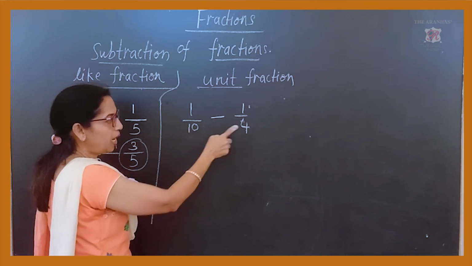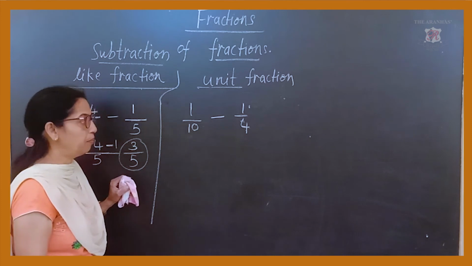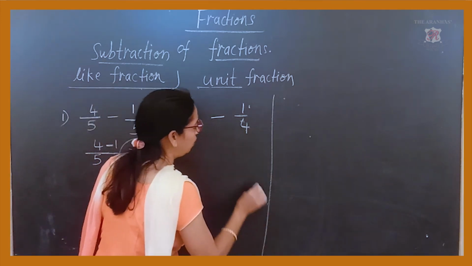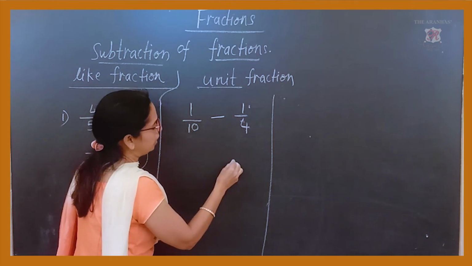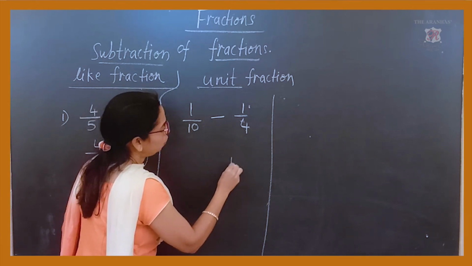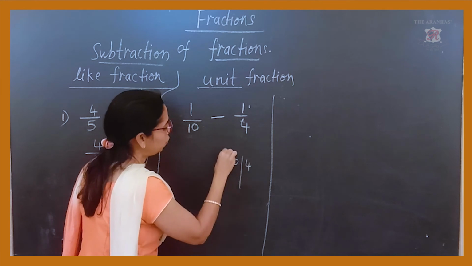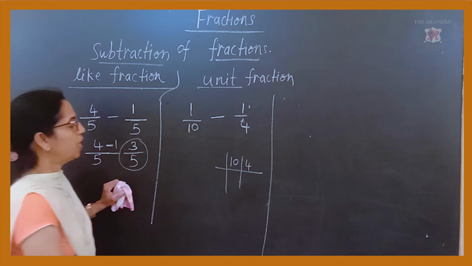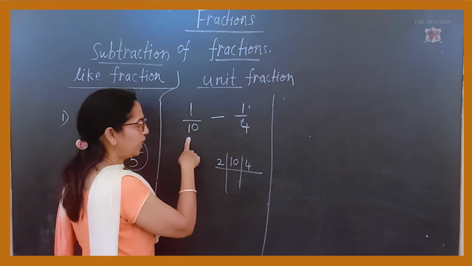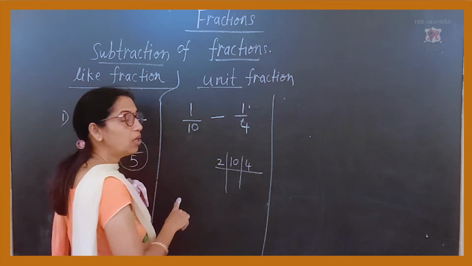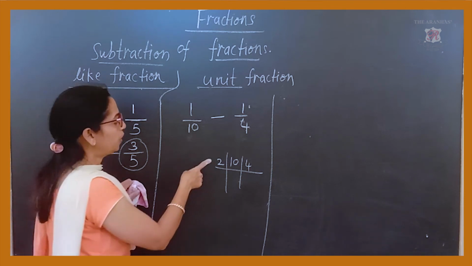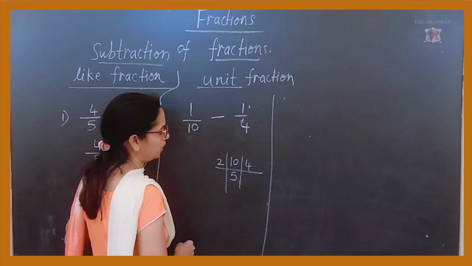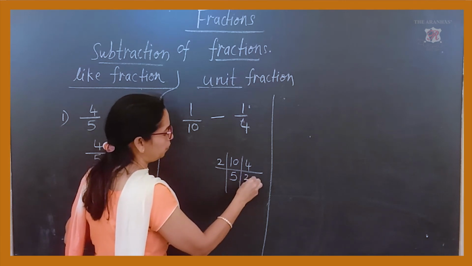Again, 10 and 4 are not equal, but by taking the LCM you can find it out. So 10 and 4, these two values we take to find the LCM. Now as 10 and 4 are both even numbers, you can start with 2. 2 fives are 10 and 2 twos are 4.